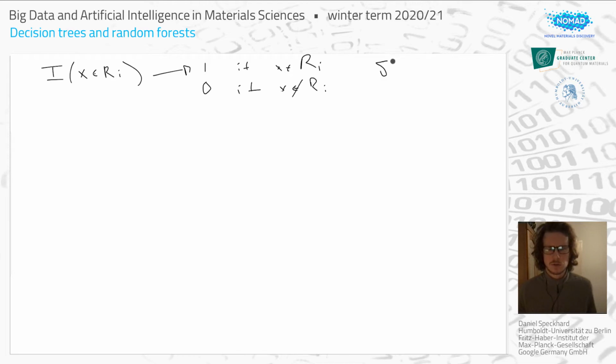It's similar to the delta function, which is 1 if x equals 0 and 0 otherwise. We're going to use this indicator function quite a bit in trees, so it's good to think about this and become familiar with it.